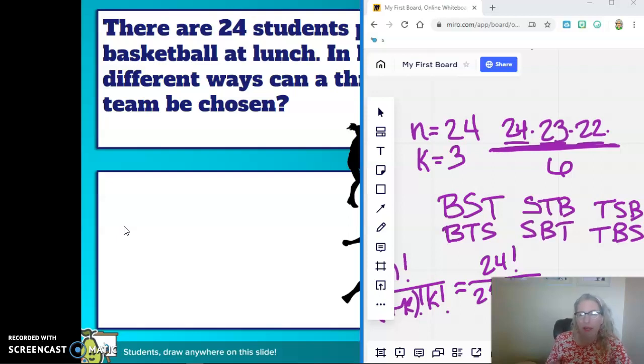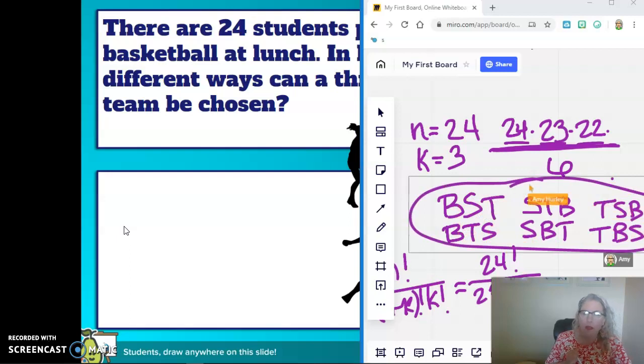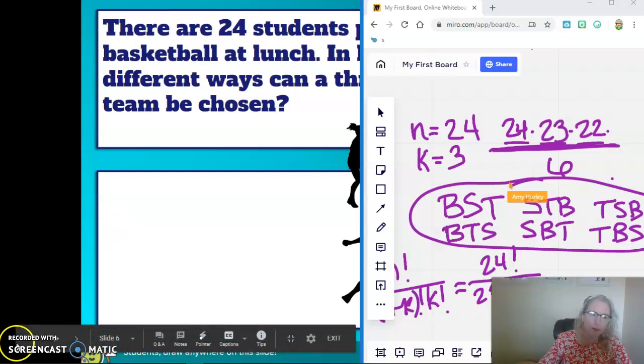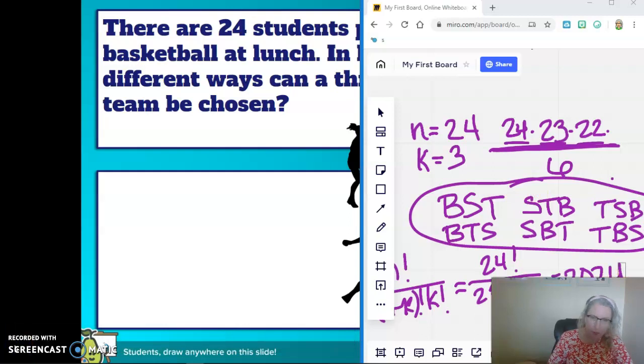Dividing by that 3 factorial is how we're getting rid of all of these 6 different permutations, because we don't care what order we're playing basketball with them in. Okay? Either way, you're going to have 2,024 different ways to choose 3 people from those 24 students.